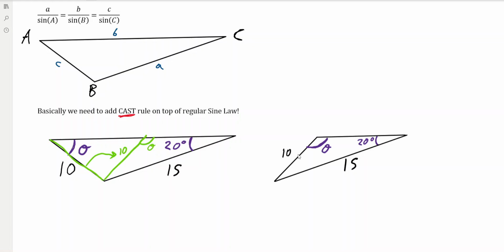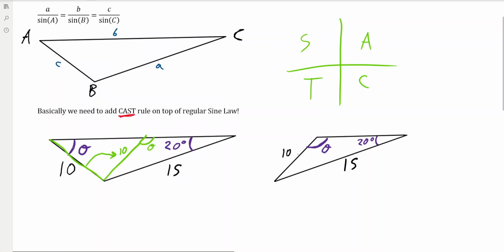So either theta is an acute number or theta is an obtuse number, which fits with cast rule, because in cast rule, where is sine positive? Well, it's actually positive in 2 places, where it is acute and where it is obtuse. So maybe you can notice that. That is basically what's going on here.